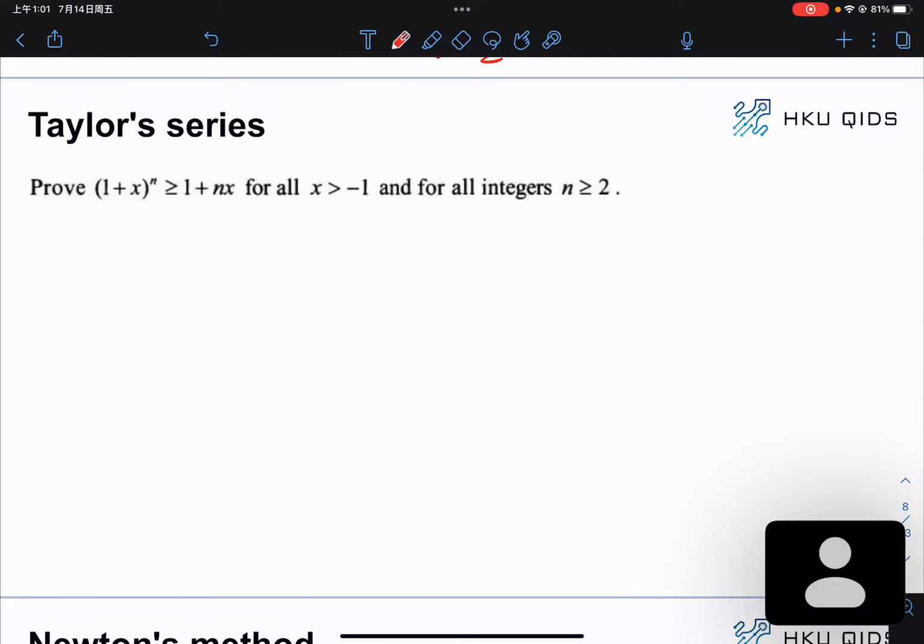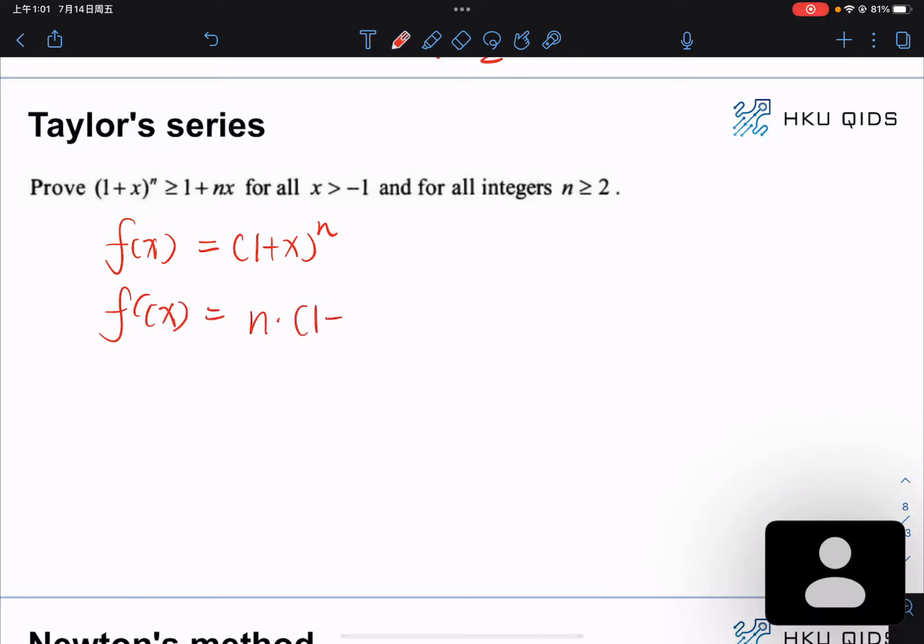Well, let's first just define f(x) as (1 plus x)^n, right? So f(x)'s first order derivative is going to be n multiplied by (1 plus x)^(n minus 1), right? And how about second order? It is going to be n(n minus 1)(1 plus x)^(n minus 2), right?